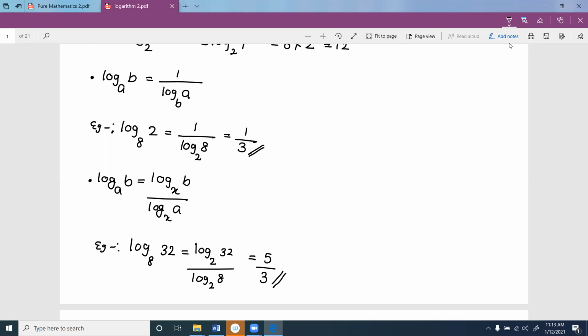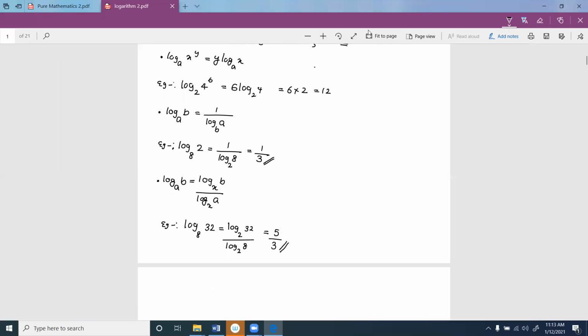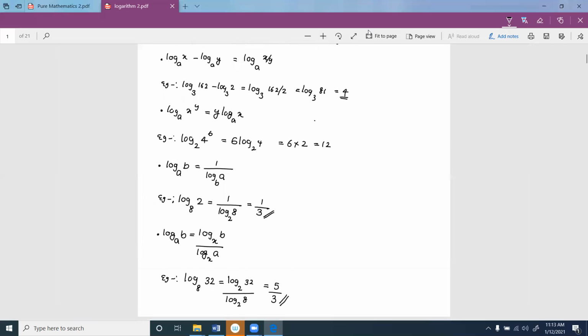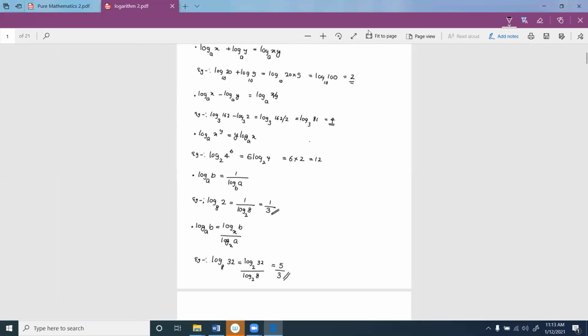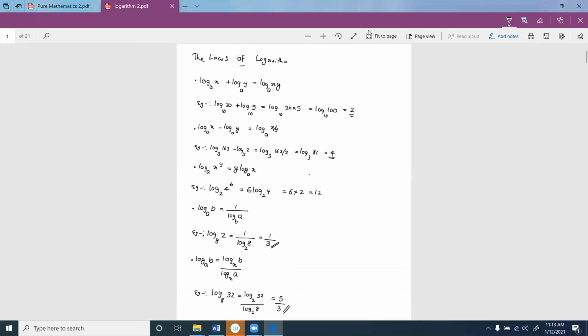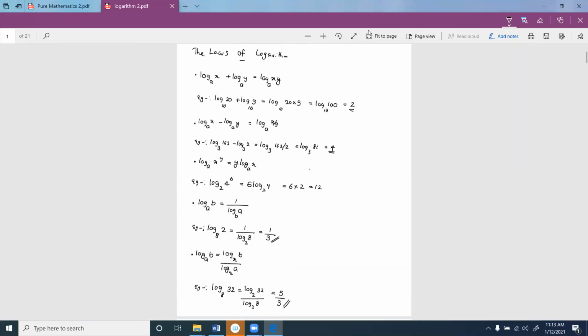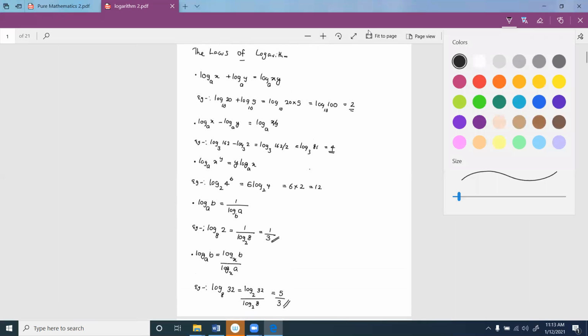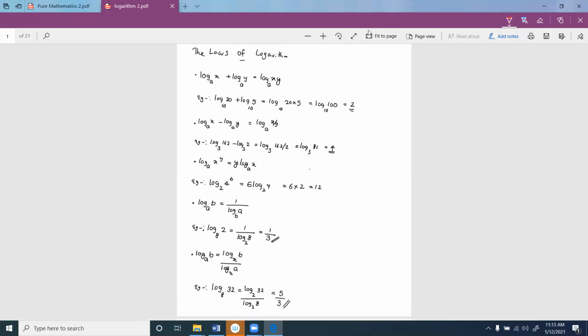Okay. Initially, I will make it a little bit smaller, then you can see all the rules at once. Yeah. These are the rules that we need to know. I will use a different color so it can be highlighted. These are the rules, and the other ones are the examples.